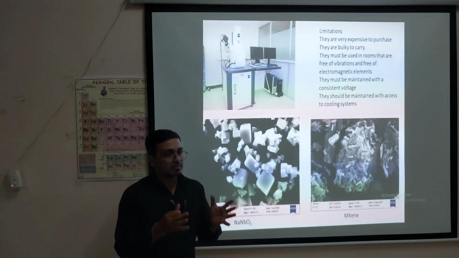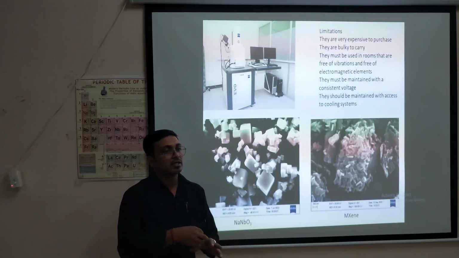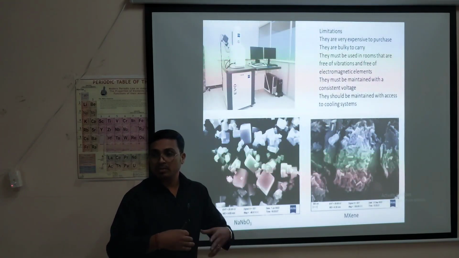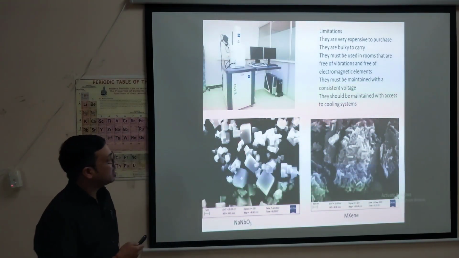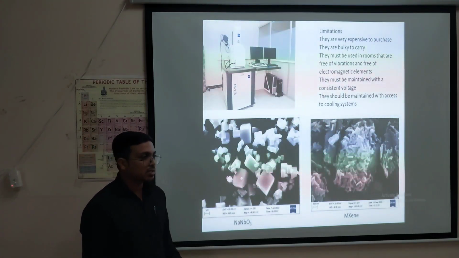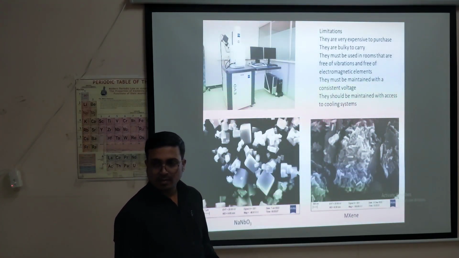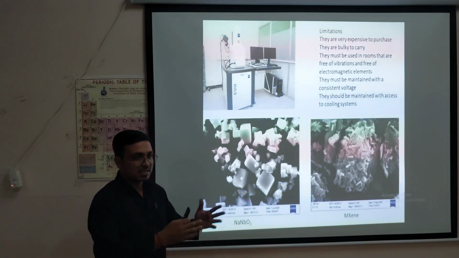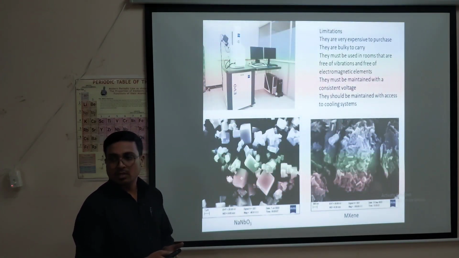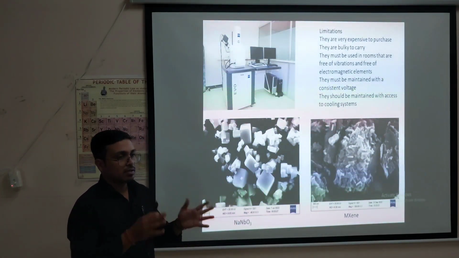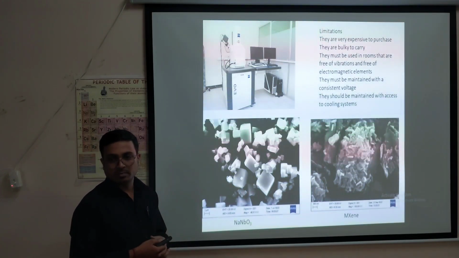The area which appears bright suggests that region is releasing more secondary electrons. The grey region means less, and the black region means no secondary emission is taking place. That's how the image appears on the desktop or on the monitor.